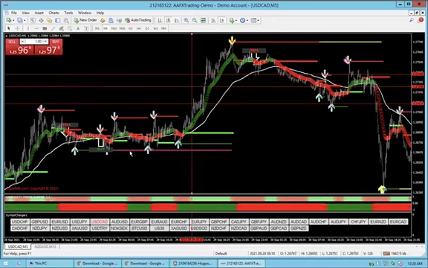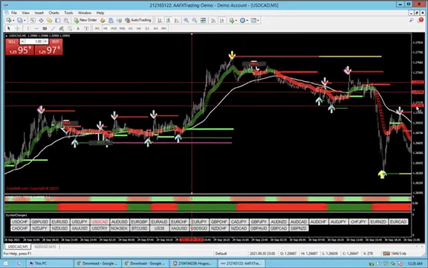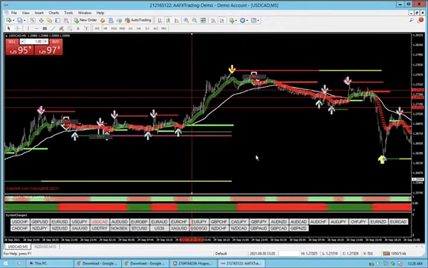But we know from this pink, we know from this blue, and we should be able to see, let me scrunch this down a little bit. You see that yellow? Yellow, pink, blue. We know when it gets out of consolidation, it's gonna go, and it's gonna go really hard.